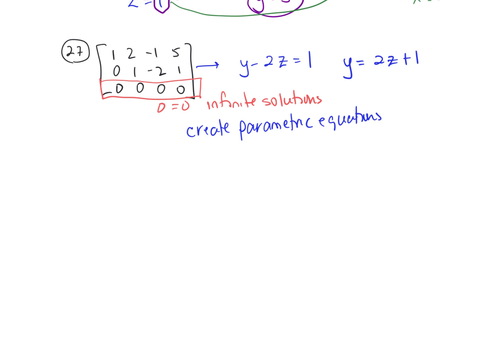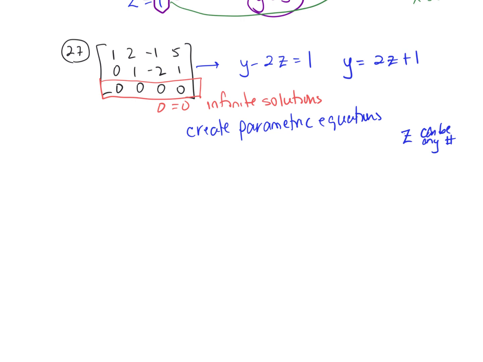So I'm going to say z can be any number, and the reason is that we have infinite solutions. So z could be 1, z could be 5, z could be -8, z could be anything we want. Every other variable, x and y, is going to be based on what we pick for z.